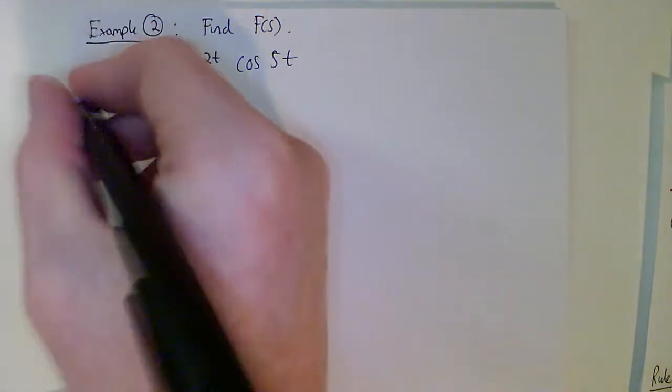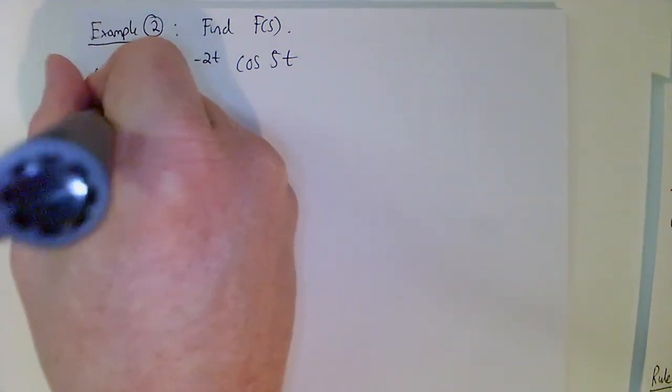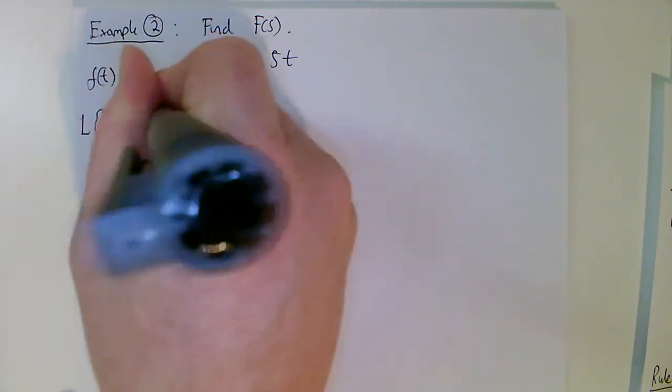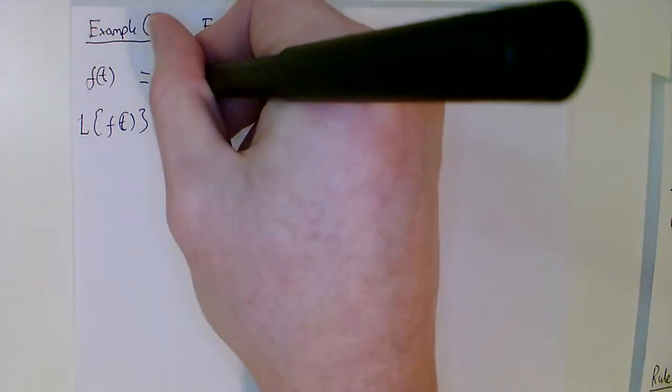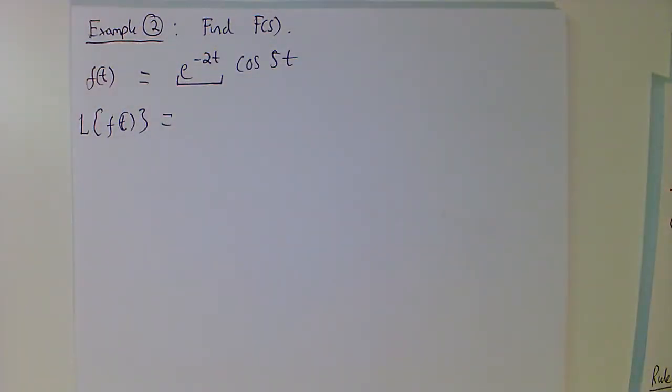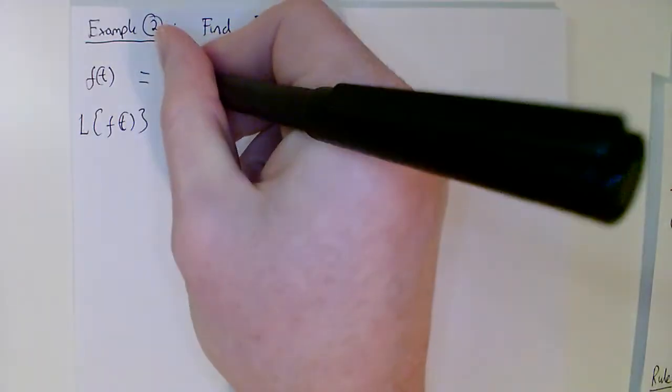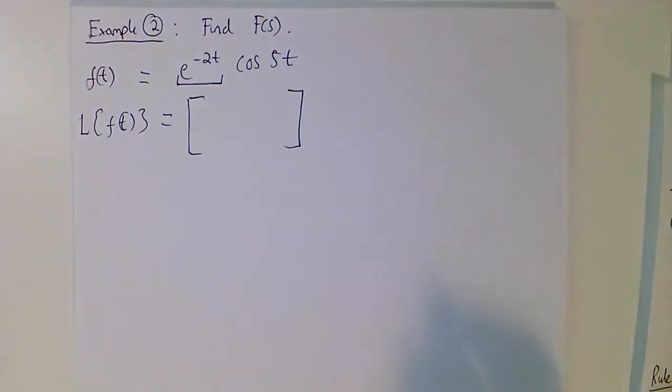I want to find the Laplace transform of f of t, because that's what F of s means. Now, it's an exponential multiplying another term that I can Laplace transform, because I've got a Laplace transform for cos at on my formula sheet. So the exponential becomes the square bracket because of the first shift theorem.